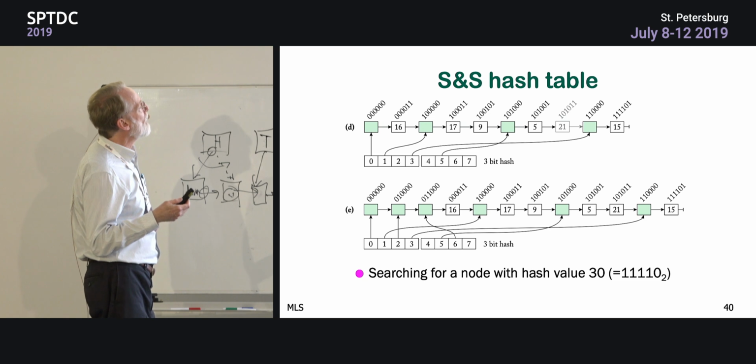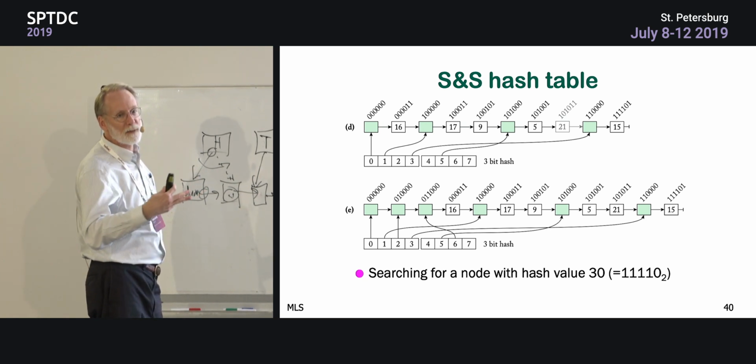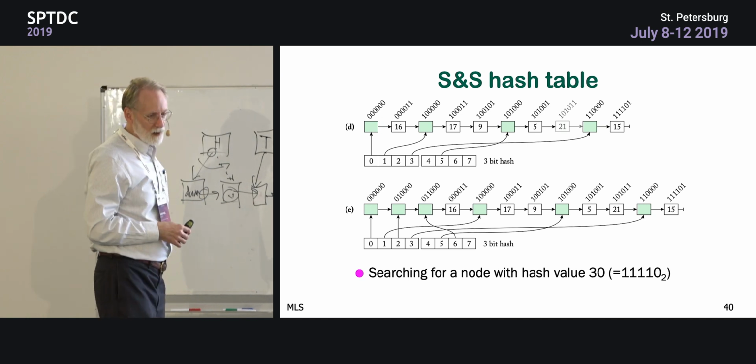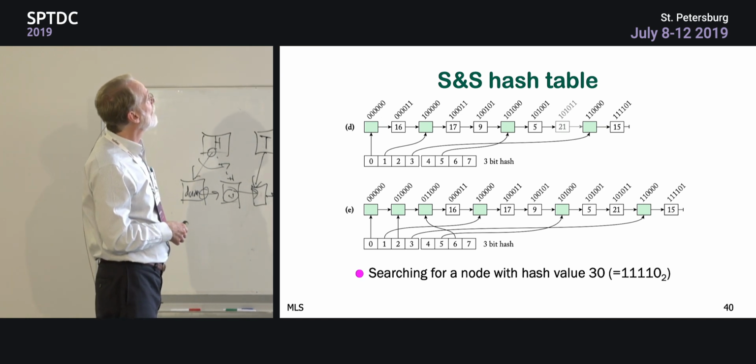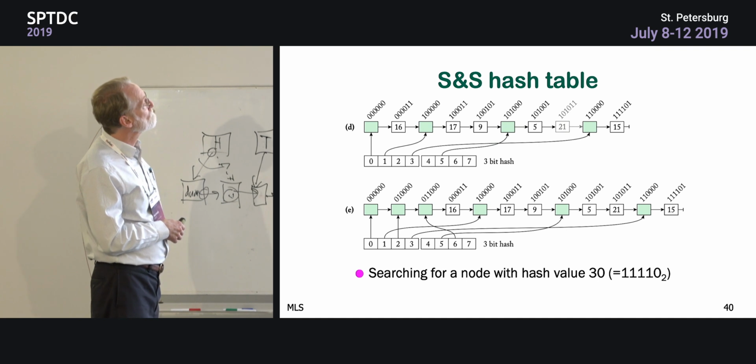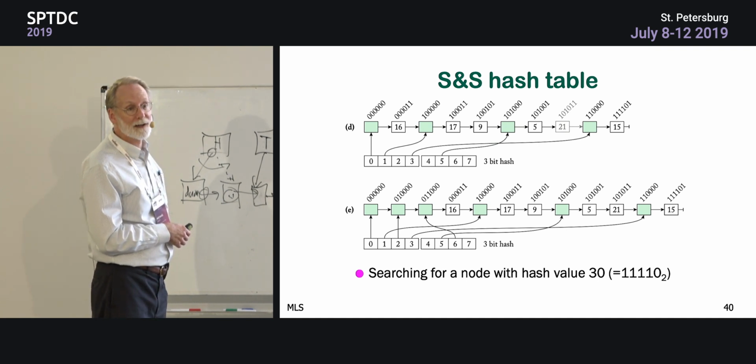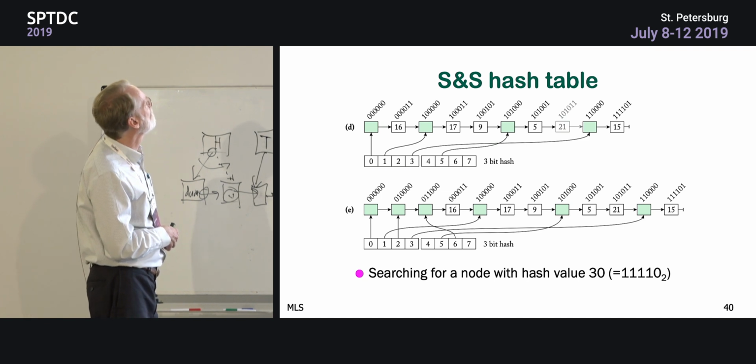Well, it's sorted by the bit reversal of the hash with 1 bit on the end. So that the numbers that are in diagonal up there are actually in sorted order. Yeah, they're sorted as binary numbers.